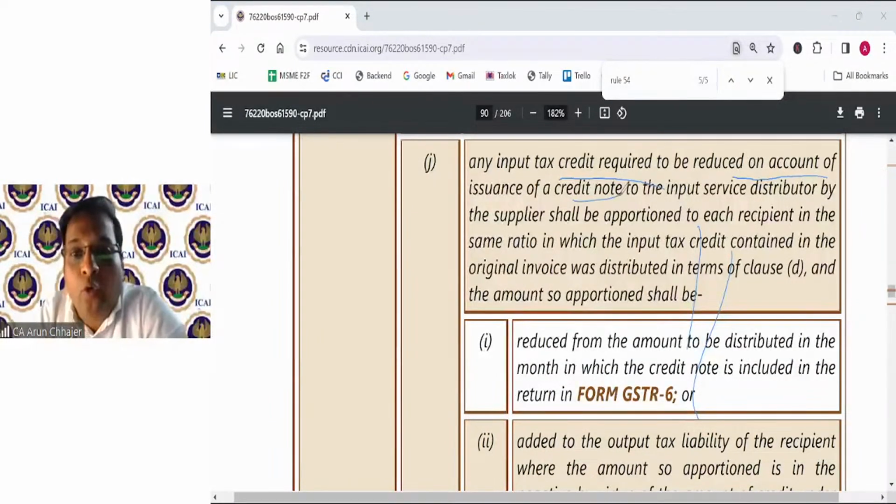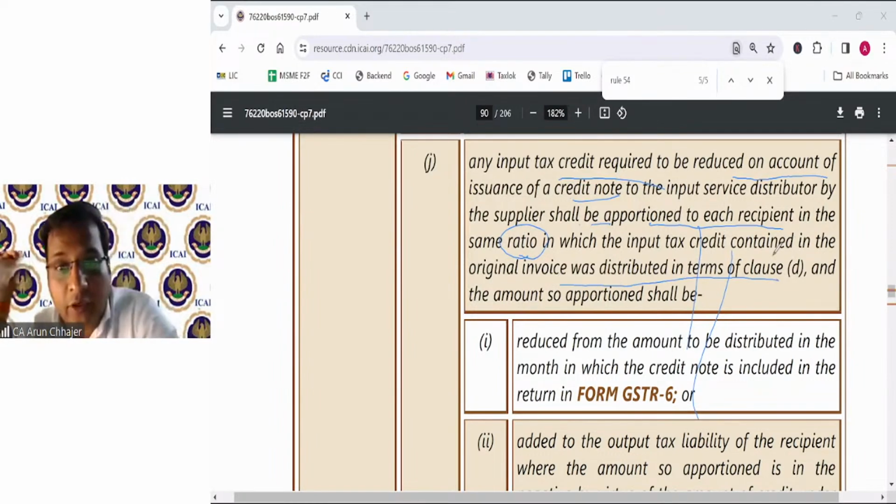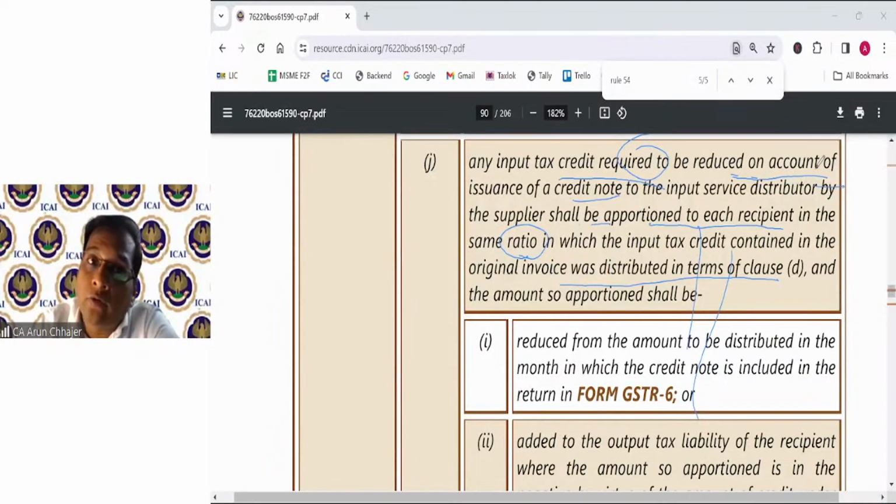Okay, this is the debit note. Next, the input tax credit required to be reduced on account of the credit note issued to the ISD by the supplier shall be apportioned to each of the recipients in the same ratio in which the ITC contained in the original invoice was distributed in terms of clause D. So any ITC required to be reduced, on account of the head office ISD having received the credit note from the supplier, will be apportioned in the same ratio which we used for distributing the original credit.